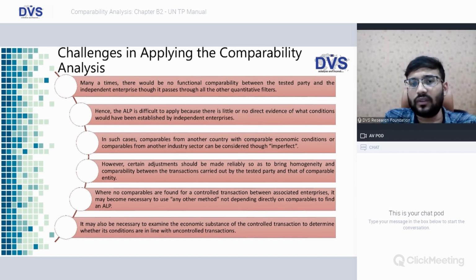At times, if we are using the database and have found comparables, after applying all the quantitative filters we would get some set of companies, but they may not be as comparable as what our company is doing.